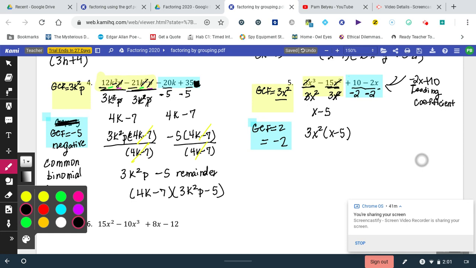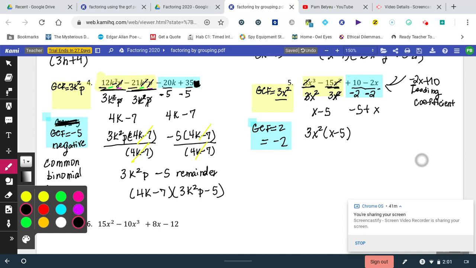All right, so I have 10 divided by negative 2, which is negative 5. Negative 2 divided by negative 2 is positive 1, or they cancel each other out, or you could just put 1x or just x. Okay? All right, so somebody's saying, well, those aren't the same.